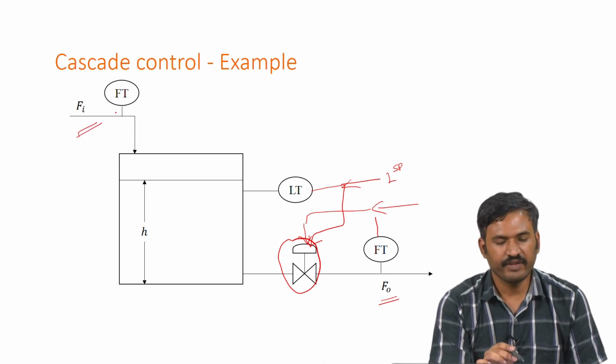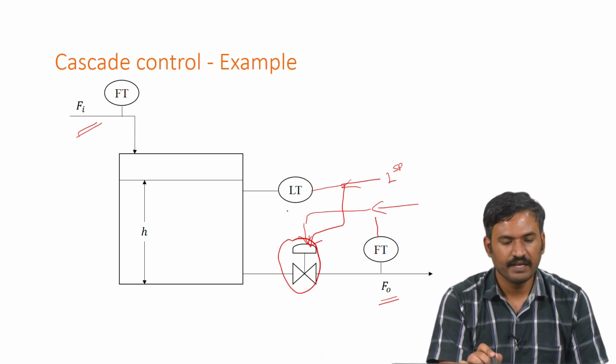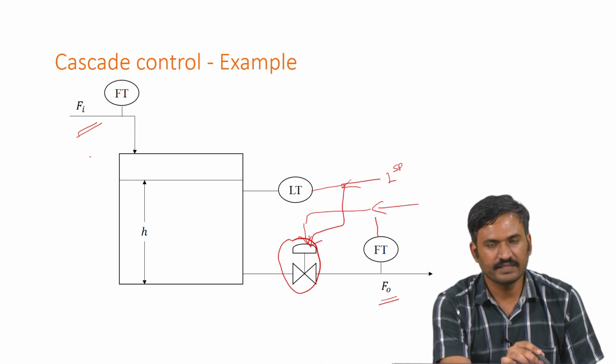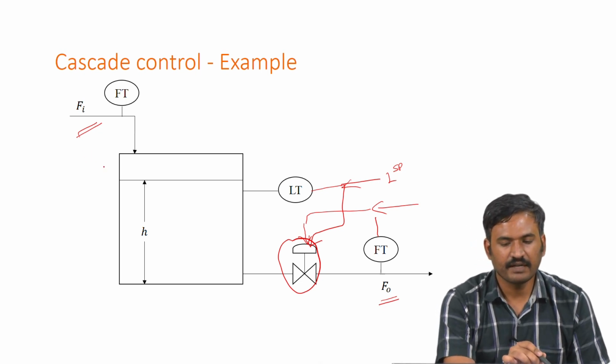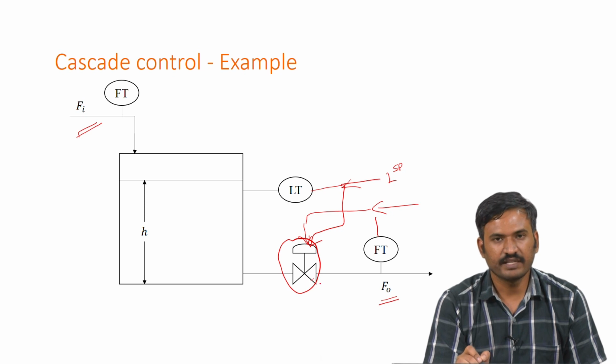So, we will not observe any change in the level as quick as the inlet flow rate changes. So, it will take a long time for the level to change, and that will drive this control valve to increase the flow rate. Because of that, we will have oscillatory level measurement.